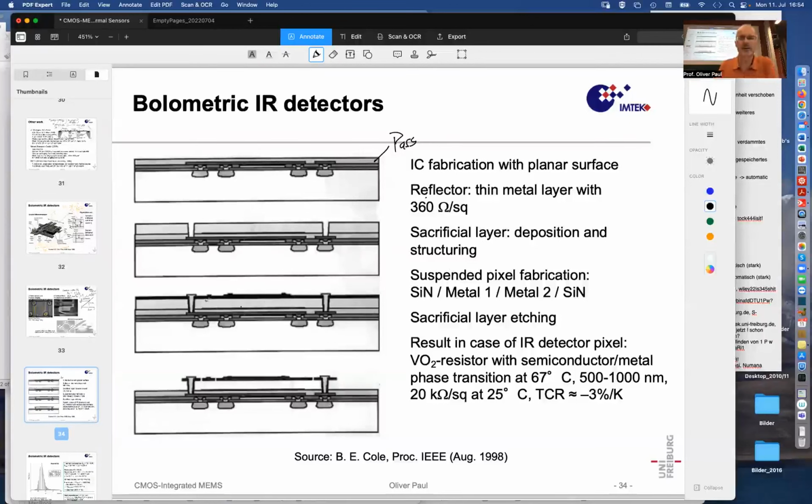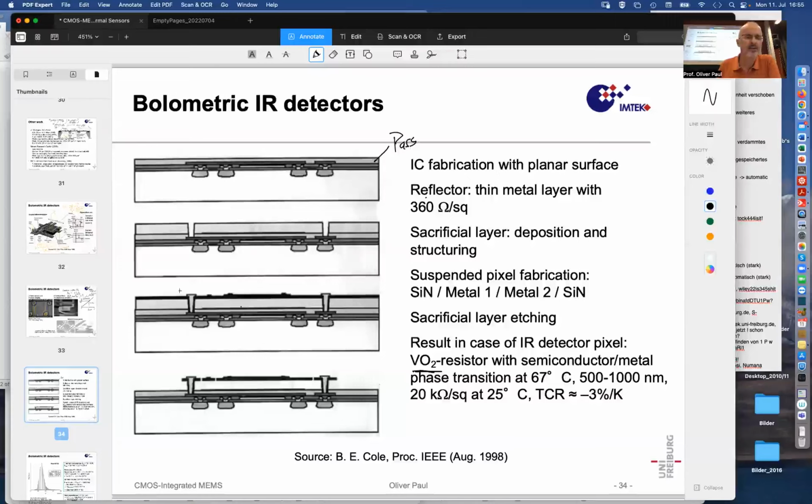And then there's a first metal and the second metal. They don't talk in detail, but this could be this vanadium oxide resistor material. And then the whole thing is covered again by silicon nitride to protect that resistive material.